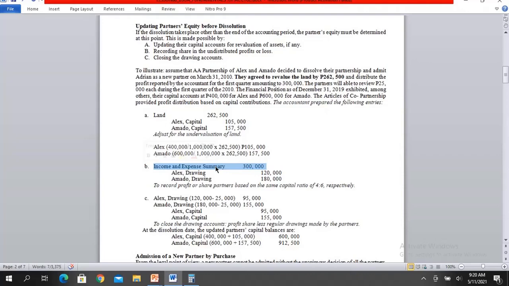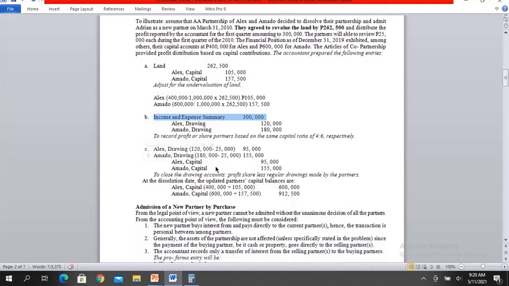Next is, close naman natin yung mga drawing accounts or yung mga profit sharing less yung mga regular withdrawals ng mga partners. So, 120,000 na nandito sa drawing account, i-close natin itong mga drawing accounts, diba?